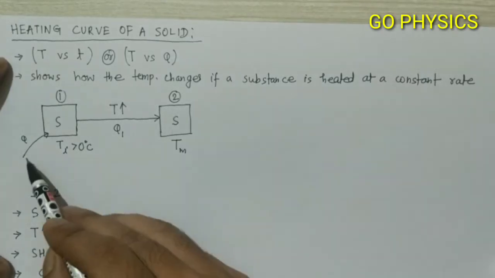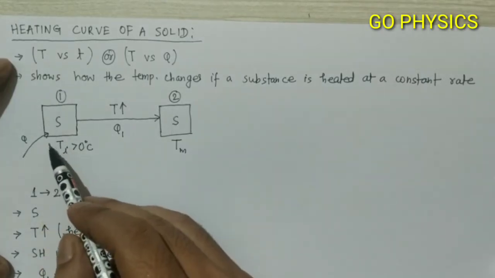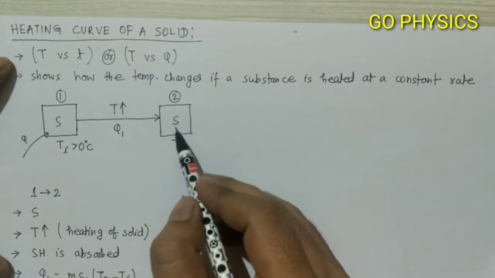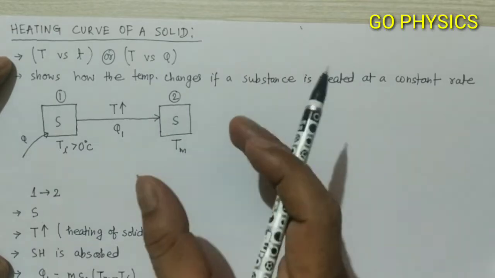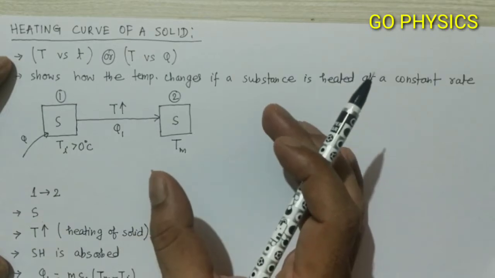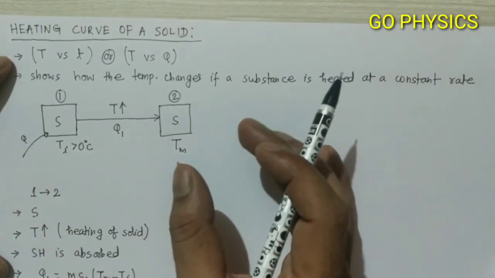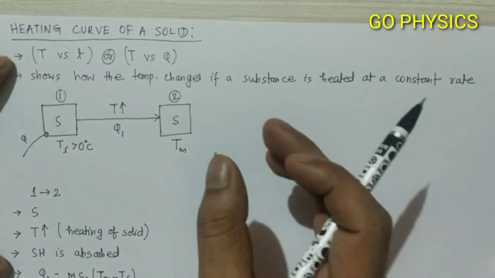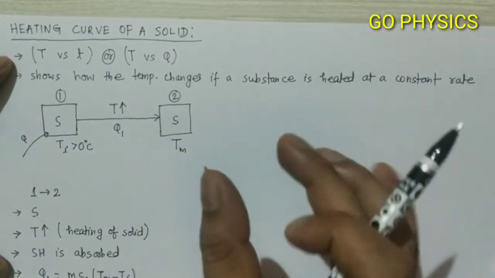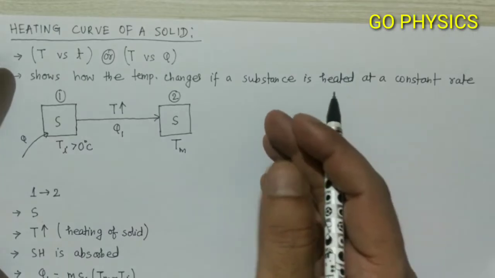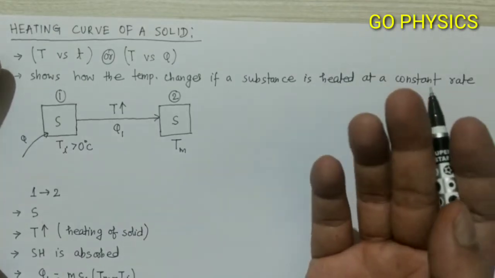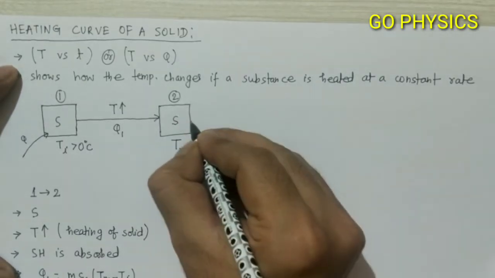Now since the heat is continuously supplied in the system, at melting temperature, expansion of the solid will start taking place, due to which atoms and molecules of the solid will start getting apart, and finally it will completely melt into same amount of liquid.